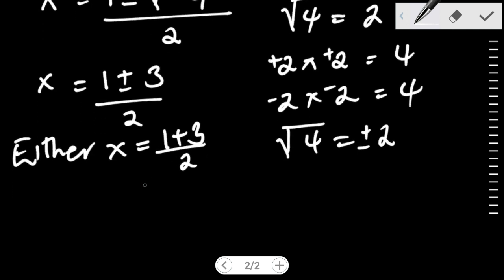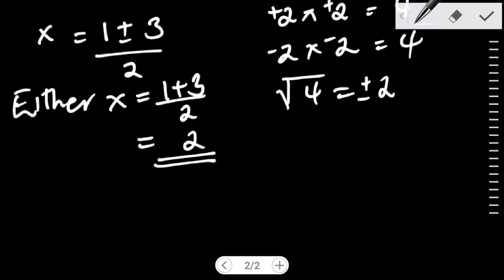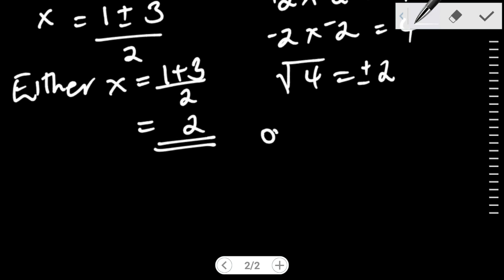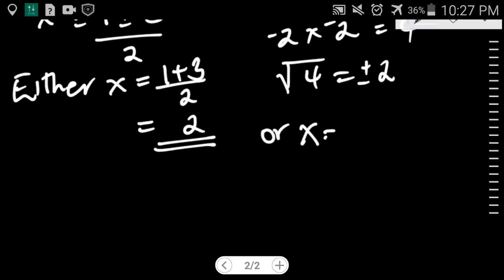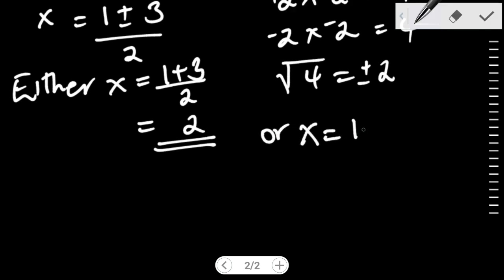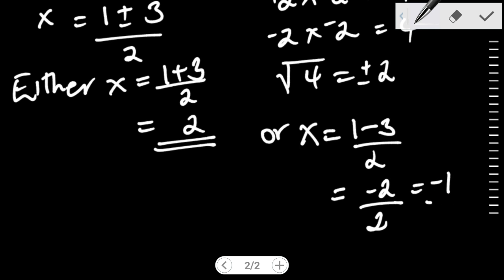This would give us 4 divided by 2, which would be 2. And therefore, we say or x equals 1 minus 3 divided by 2, which would be negative 2 all over 2, giving us a negative 1 in this case.